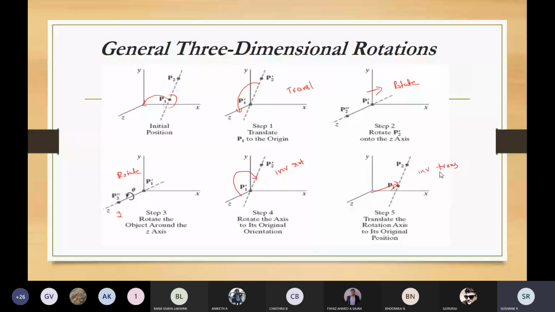After this, perform the inverse rotation to get the object back to its original orientation, not the original position, original orientation. After that, perform the inverse translation to bring the object back to its original position. So these are the steps involved in general three dimensional rotations. So five steps are there.